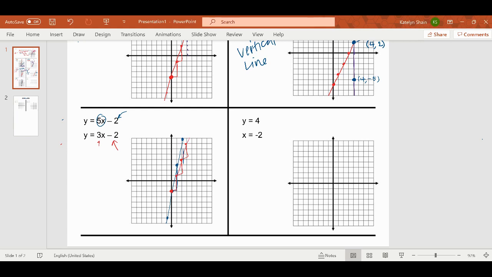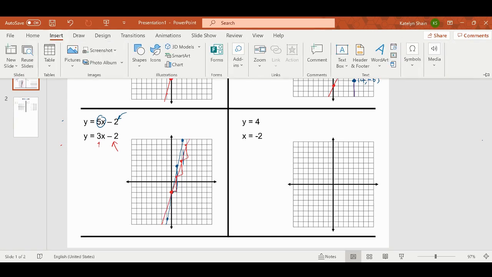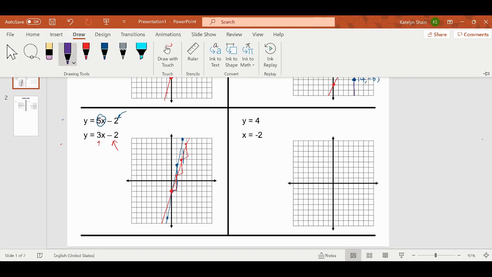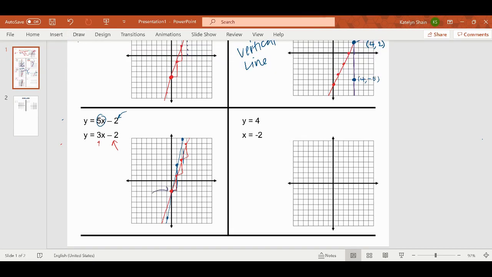I can create a relatively straight line, but I already know that my point of intersection is right here. So my x is 0, right here in the middle at 0 on my x-axis. My y-coordinate is negative 2, and that's the solution to the system.